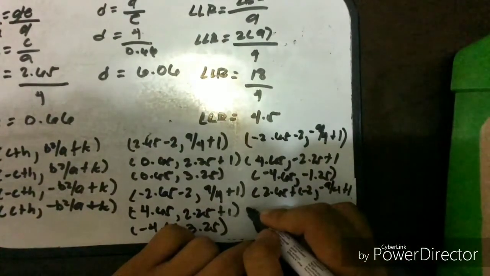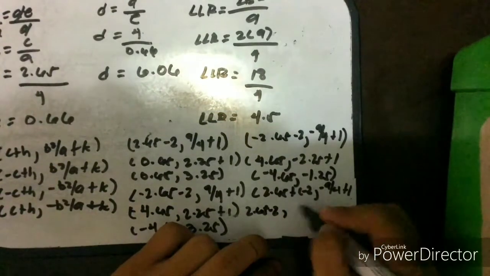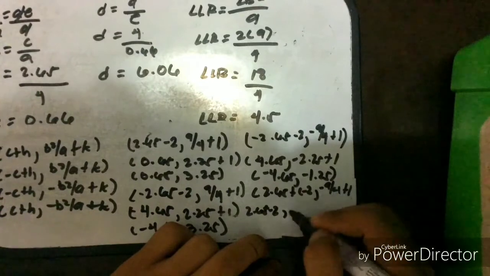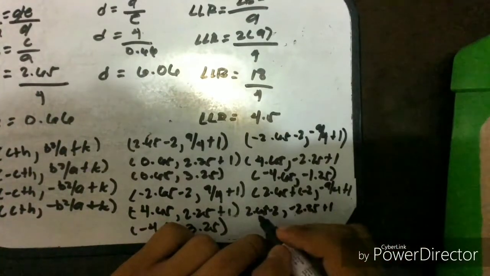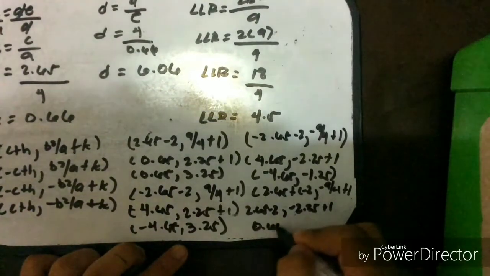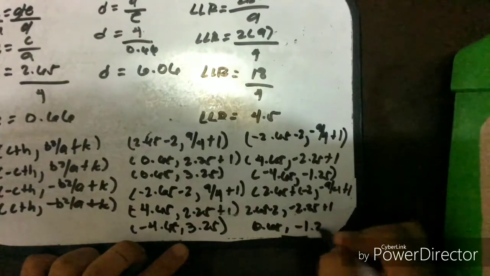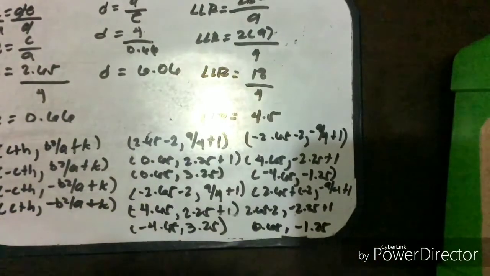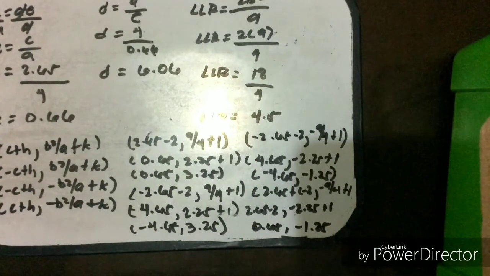So 2.65 minus 2 is 0.65, and negative 9 divided by 4 is negative 2.25 plus 1 is negative 1.25. So those are the lateral recta for the ellipse.